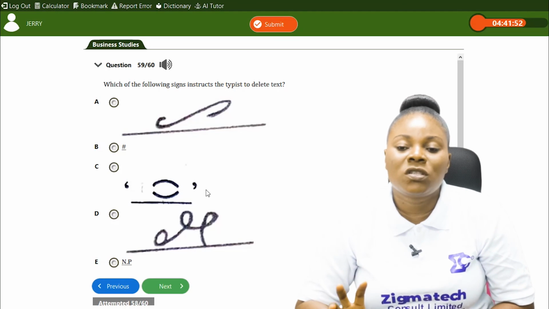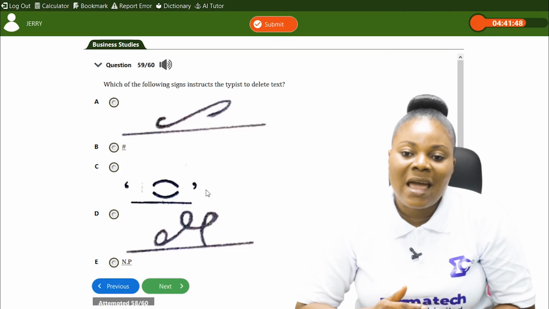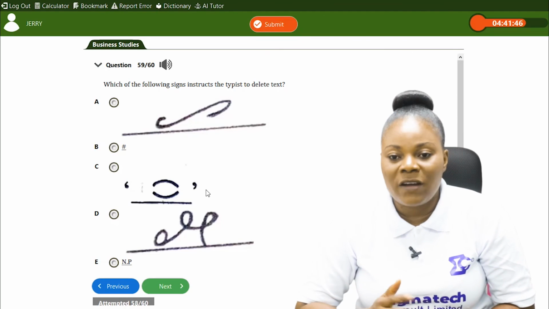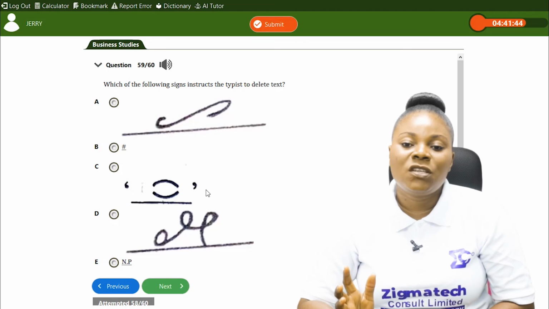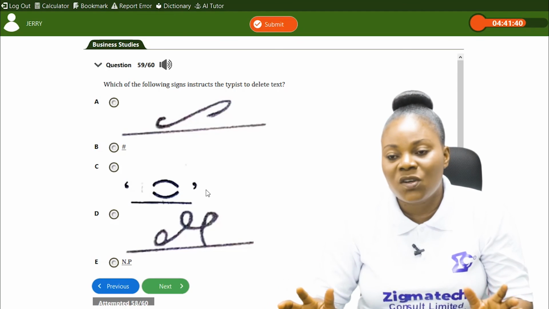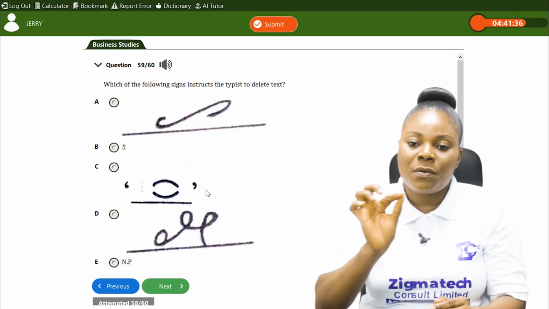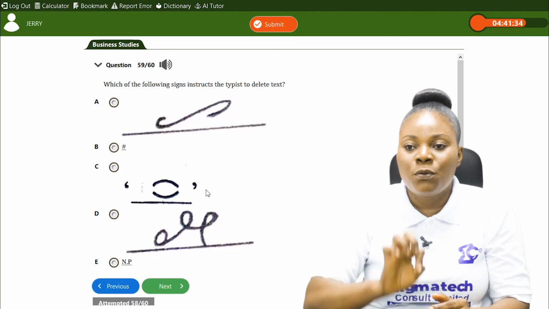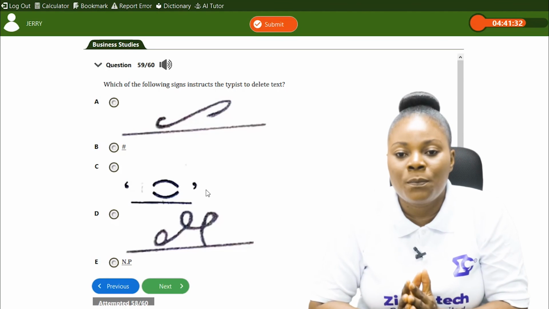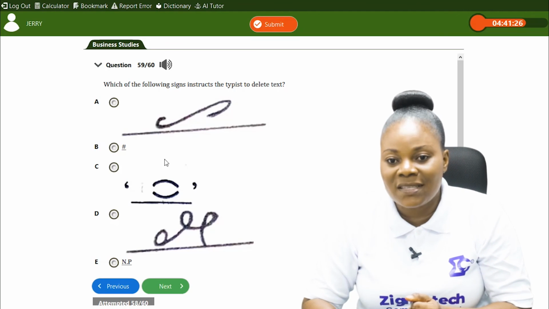That means you mistakenly created a space between two words, like maybe you want to write takeover, and instead you separated it. So this sign will be put in the space between take and over, telling you to close up the space.